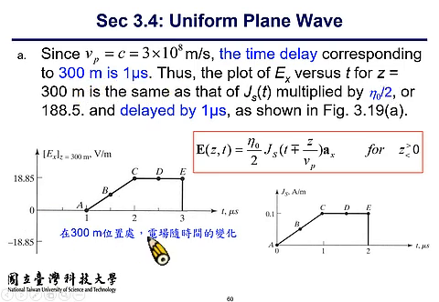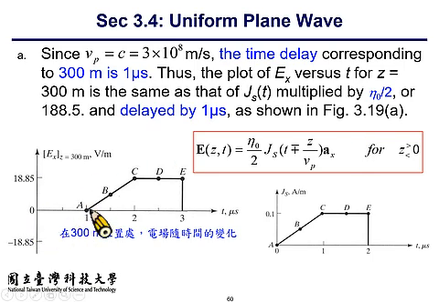This means the electromagnetic wave shall propagate 300 meters for each microsecond of time delay. For this case, you are asked to draw the electric field variation in time at the position z equal to 300 meters.